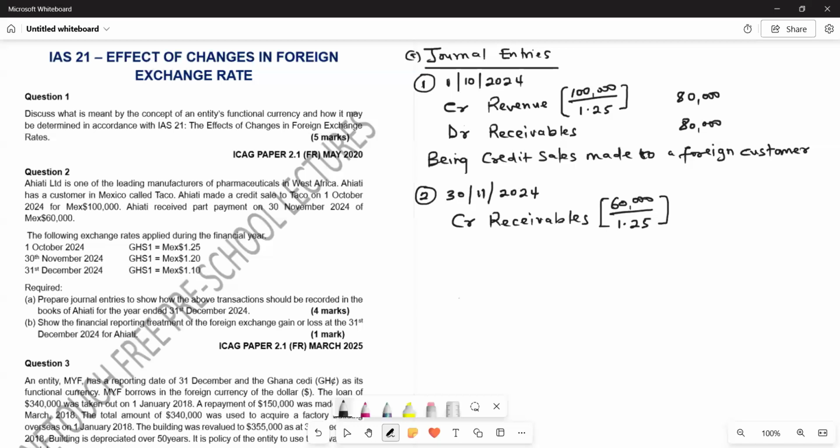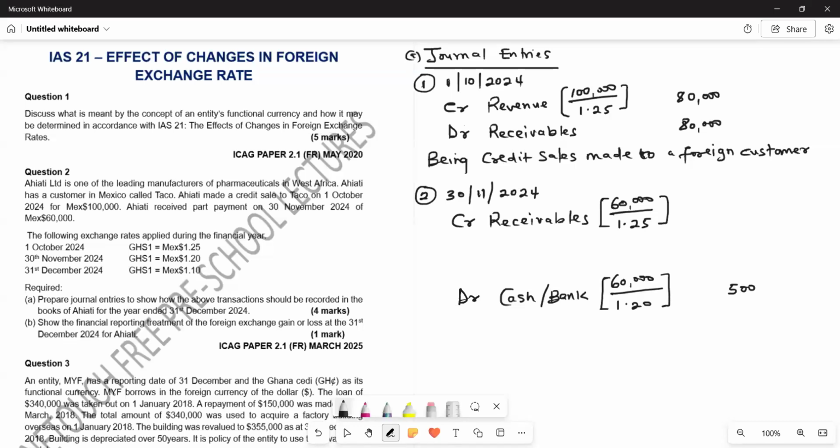Please get it. So let's come here. You have received money, so we debit cash or bank. 60,000, the actual amount we received, over 1.20, so we made some gains, right? How much? 50,000.